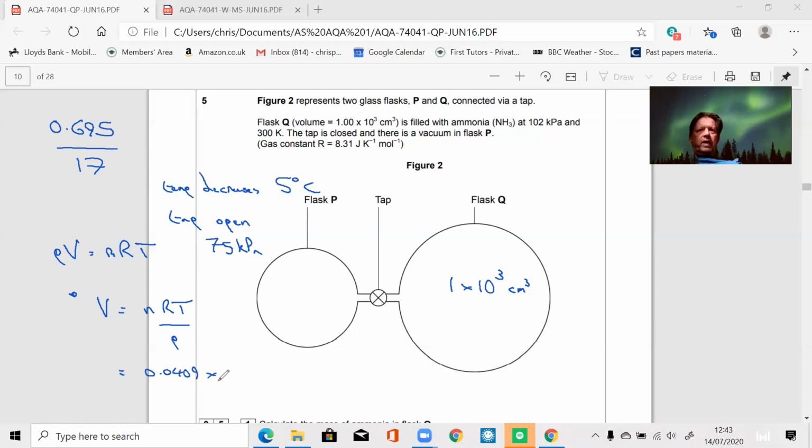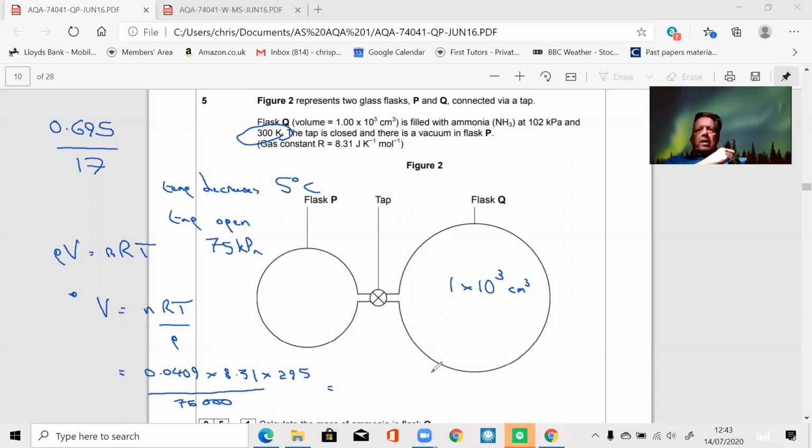Right, then we have to add the gas constant. That doesn't change. The temperature has decreased by 5 degrees. Before, it was 300. It's now 295. And the pressure, well, it tells us what that is, but it's in kilopascals. So we need to multiply that by 1,000 to get it into pascals.